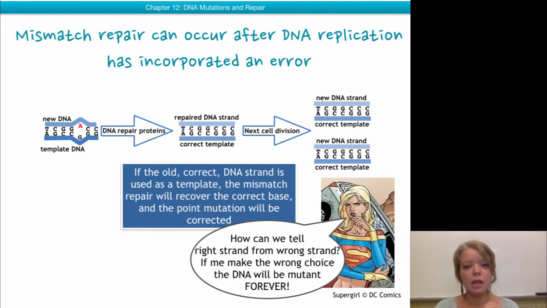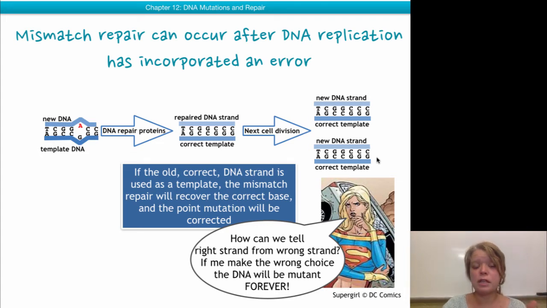However, if it chooses the correct template strand, so if it realizes that G is what should be there and A is what's wrong, it will replace the A with the C, and then there's no mutation in either of the DNA strands upon next cell division.